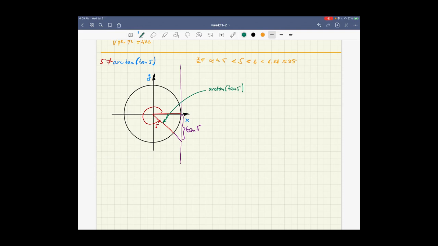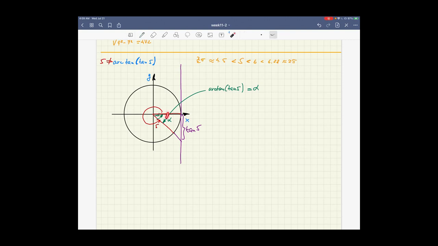And therefore, it should be clear from this picture that if I combine a turn by an angle of 5, let me call this green angle alpha. If this here is alpha, then the angle measuring the same number of radians, but in the opposite direction, will be negative alpha.